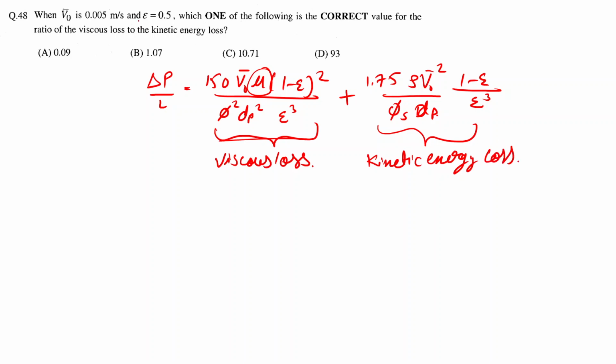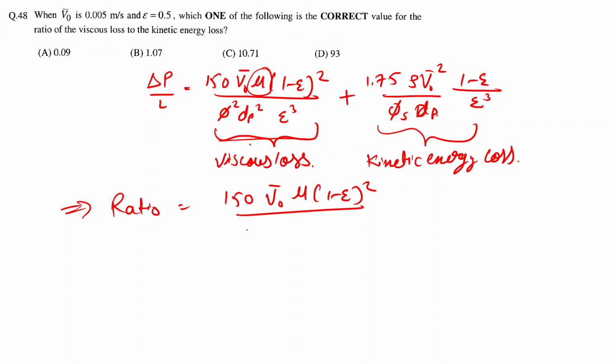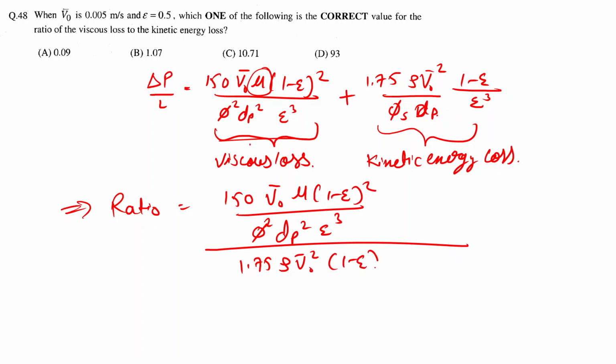And in the question, we have been asked to find the ratio of viscous loss to kinetic energy loss. That is basically the ratio of the first term to the second term. So we can write the ratio as 150 V naught bar mu (1 minus epsilon) square upon pi square dp square epsilon cube, upon 1.75 rho V naught bar square (1 minus epsilon) upon phi s dp epsilon cube.